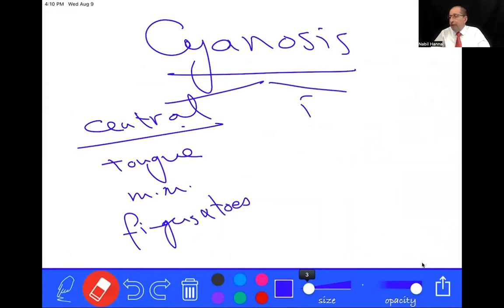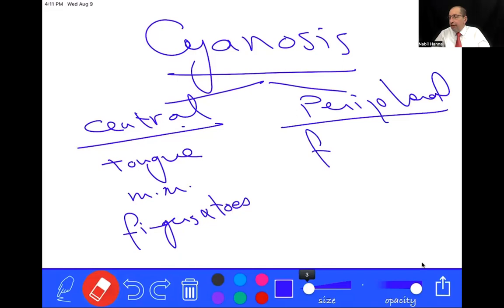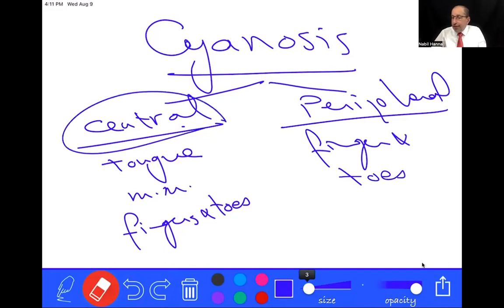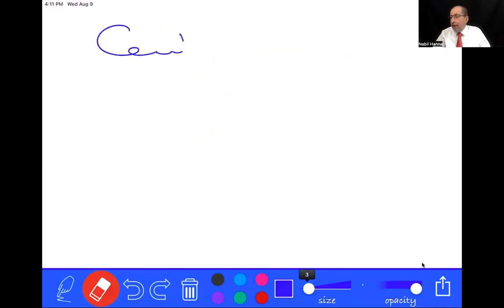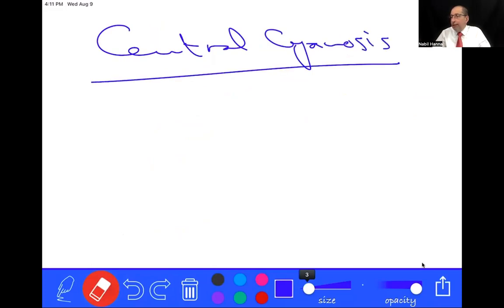We call it peripheral when it is only in your fingers and toes. Okay. So central cyanosis means what? Central cyanosis means less oxygen in your blood, hypoxemia.